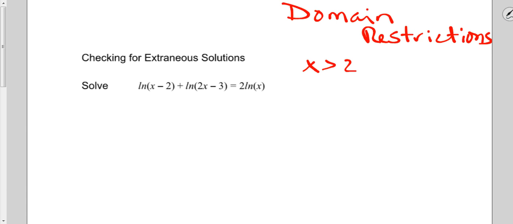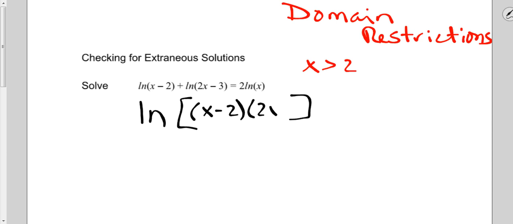So the left-hand side is going to be equal to the natural log of something. What is that something? Henry? X minus 2 times 2x minus 3. So this thing right here, using the product property, the thing I just wrote here is the same as the sum of the two individual natural logarithms.